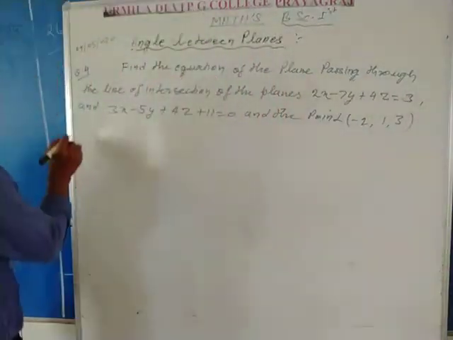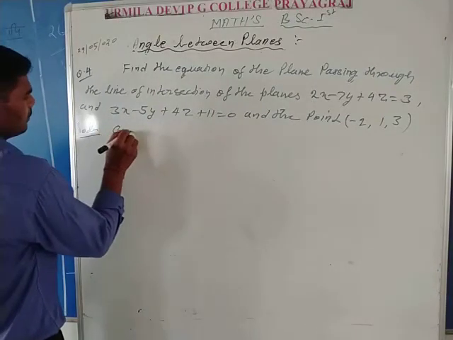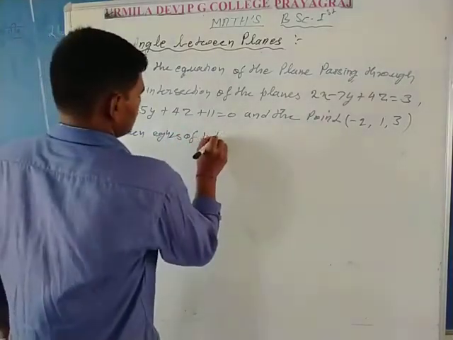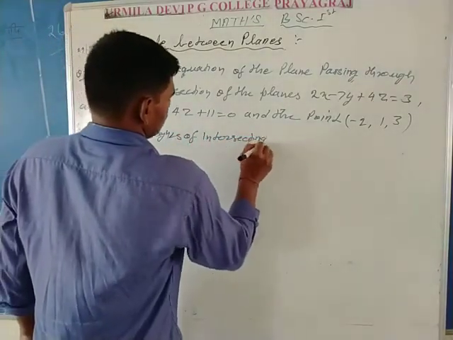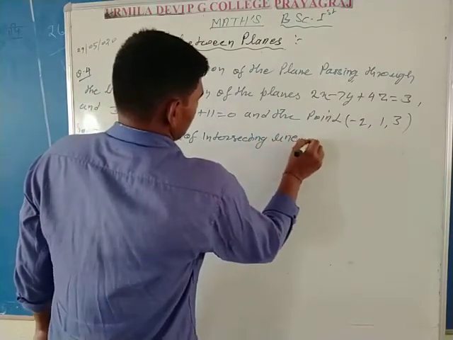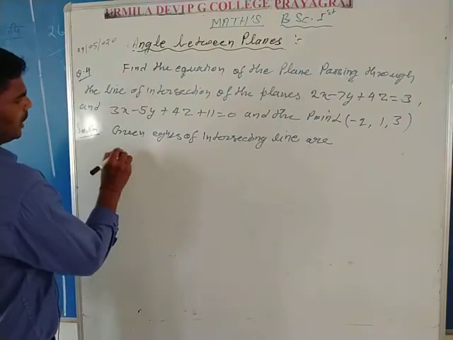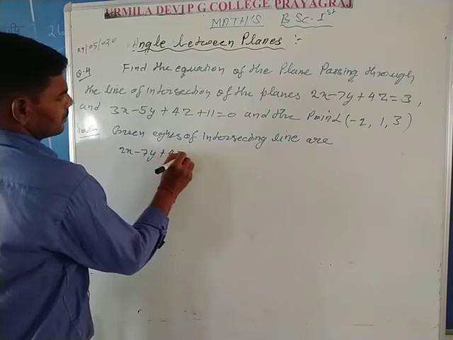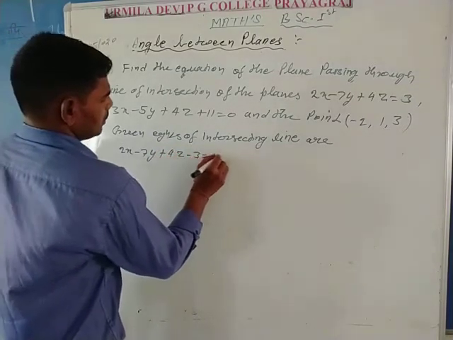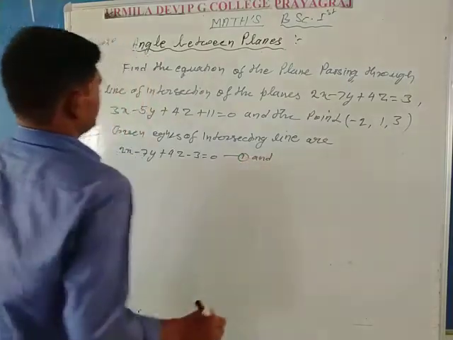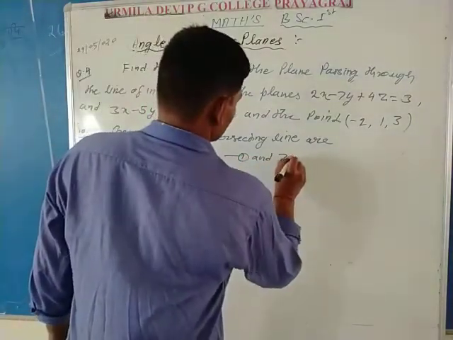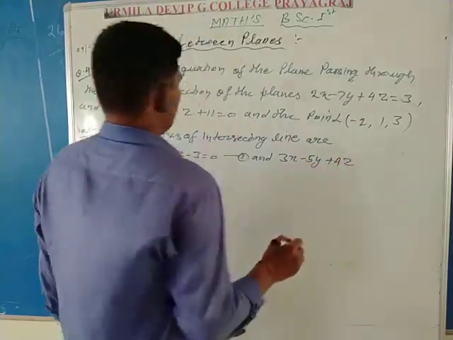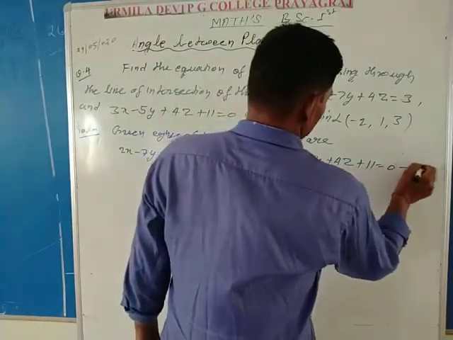Therefore, in the solution, the given equations of the intersecting line are 2x minus 7y plus 4z minus 3 is equal to 0, equation first, and the second plane is 3x minus 5y plus 4z plus 11 is equal to 0, equation second.